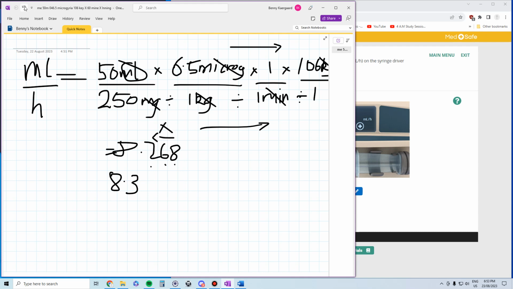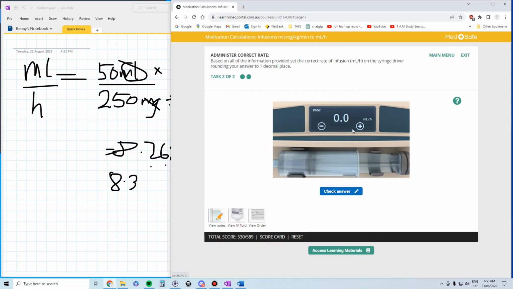That's wrong. 8.3. We just go to the next one along. So I'll put this up to 8.3.